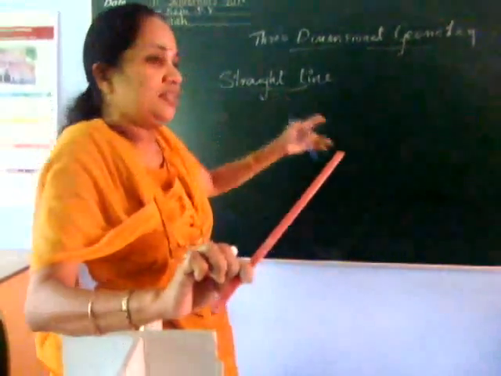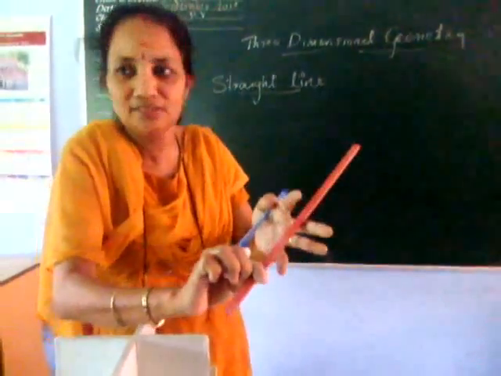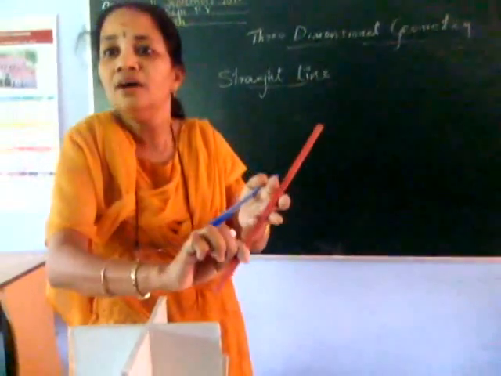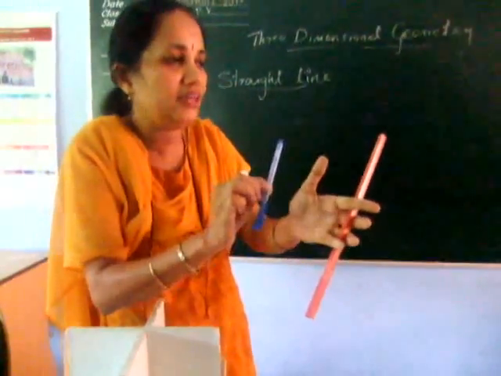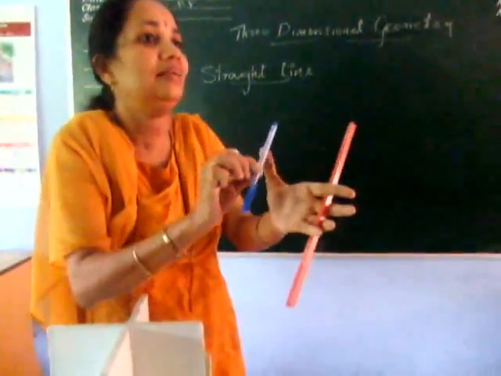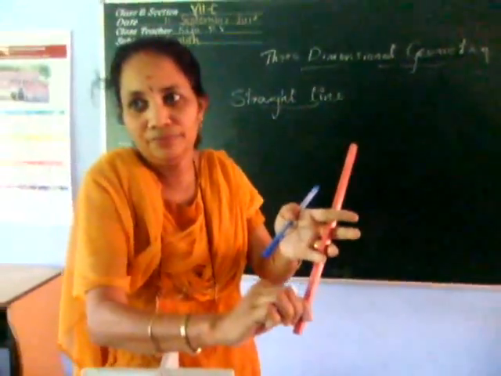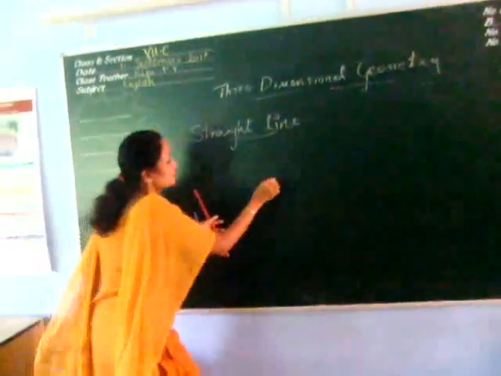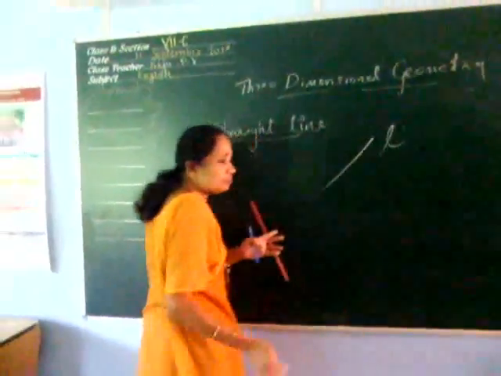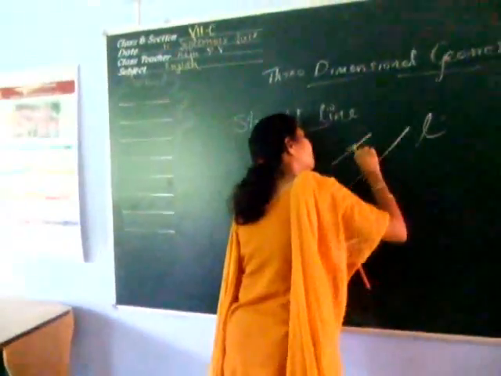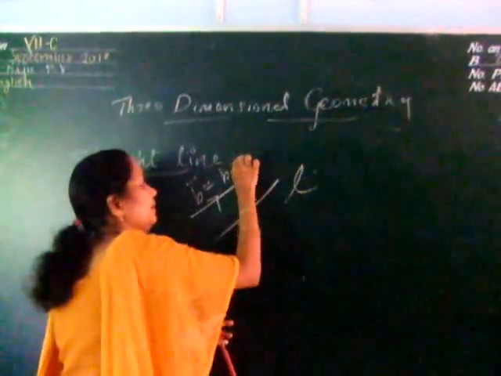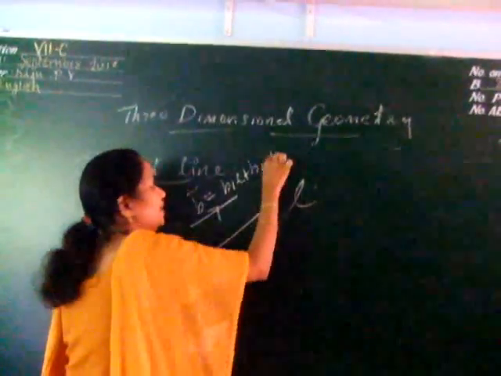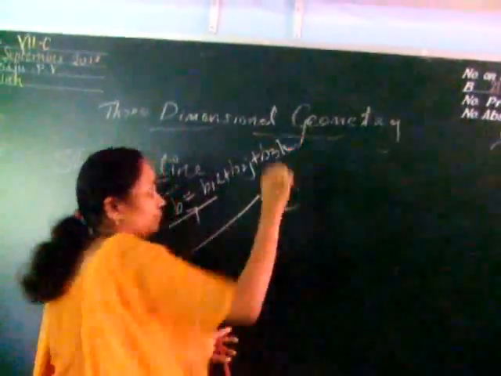So to locate the position of the given line in space, we require two conditions. The first condition is a point in space, and the second one is a vector parallel to the given line. Let us consider this as the given line L and a parallel vector B, B equal to B1 i plus B2 j plus B3 k.